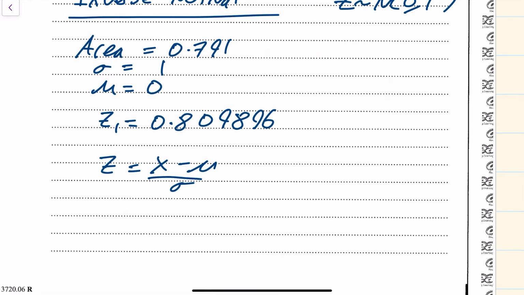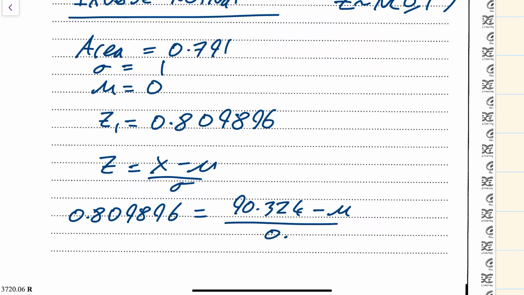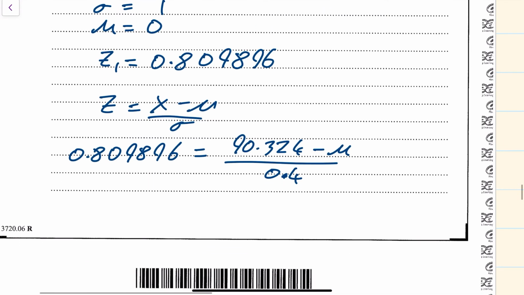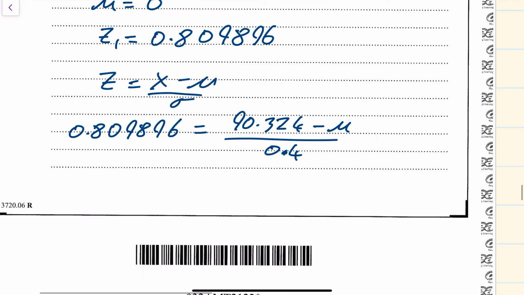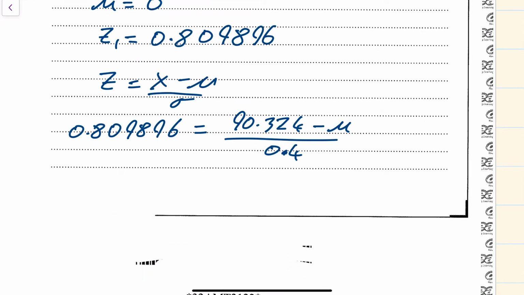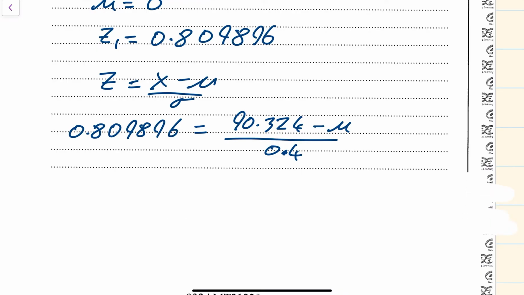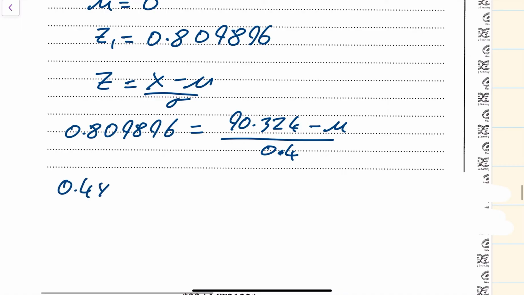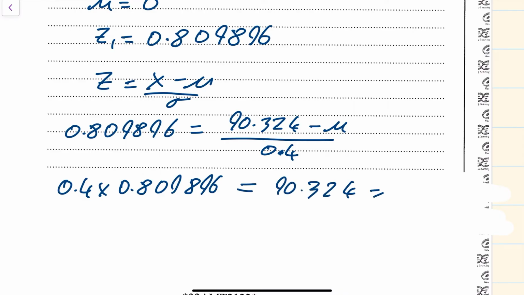And then we put in what we knew. So our Z1 value was 0.809896. Our X was 90.324 minus mu, all over sigma, which is 0.4. Now it's a wee bit of rearranging just to get your mu. That's all we're doing now. So that's going to be 0.4 times 0.809896 is equal to 90.324 minus mu.